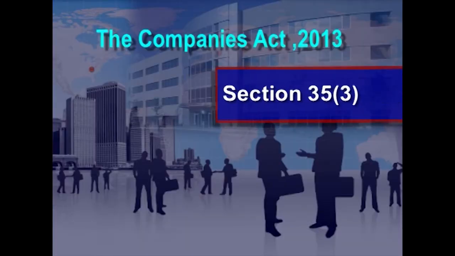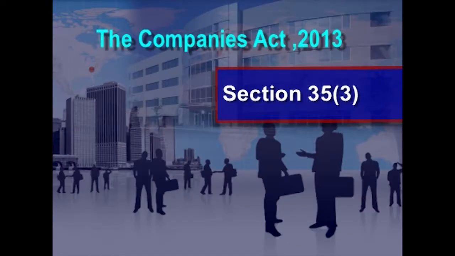According to section 35 subsection 3 of the Act, the liability is joint and several, and the person who becomes liable may recover the contribution from others equally guilty of misrepresentation.